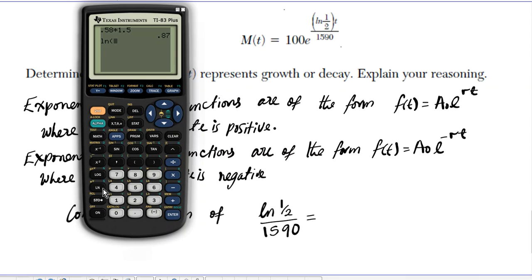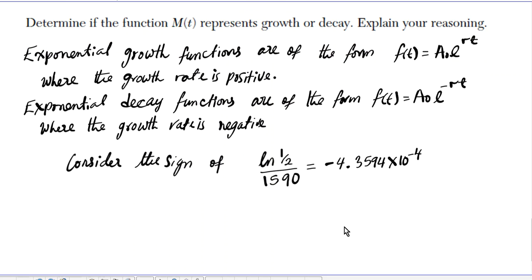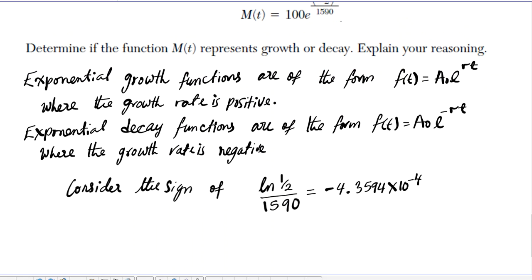The natural logarithm of 1 over 2 divided by 1590 is negative 4.3594 times 10 to the negative 4. What can we conclude based on this? We can conclude that the growth rate is negative, which indicates that we have an exponential decay function.